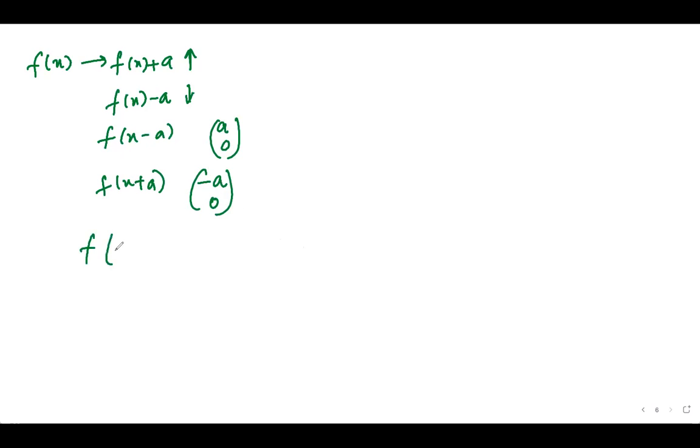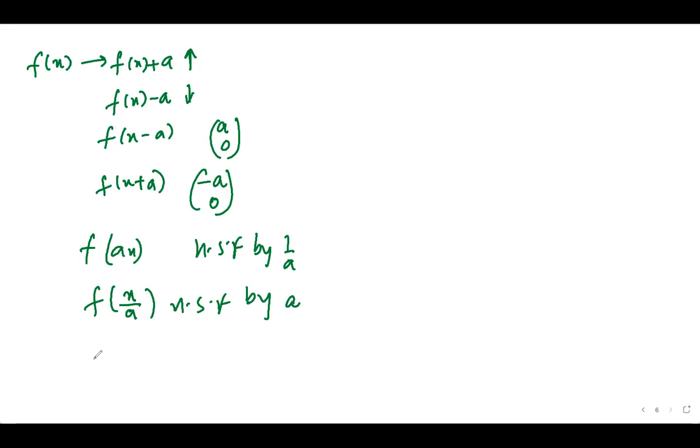If you got f of ax, it's a horizontal stretch by a factor of 1 by a. If it is f of x by a, it is HSF, or horizontal dilation by a factor of a. Next up, if you got a f of x, it's a vertical stretch by a factor of a.